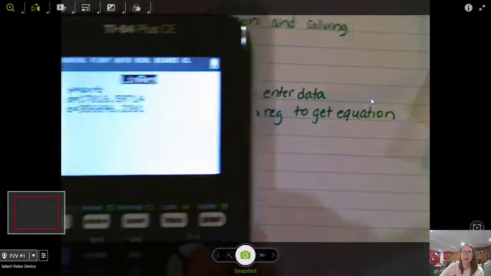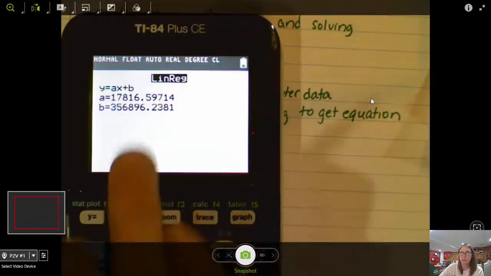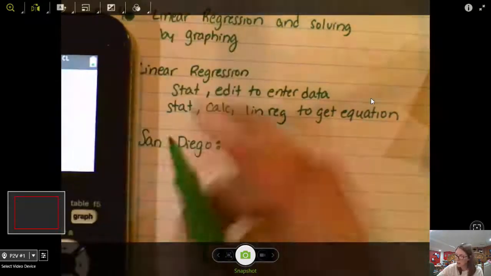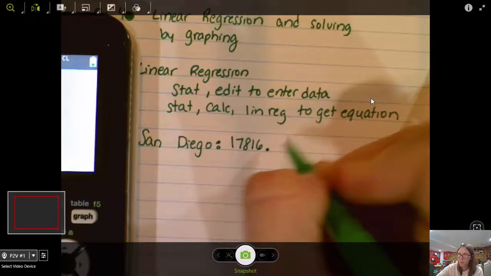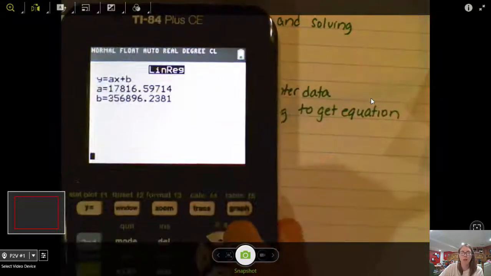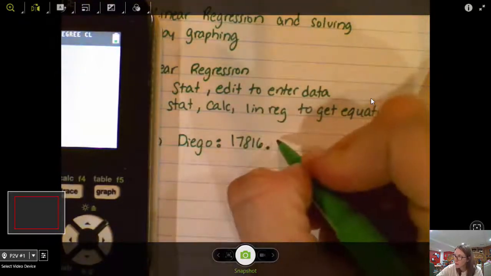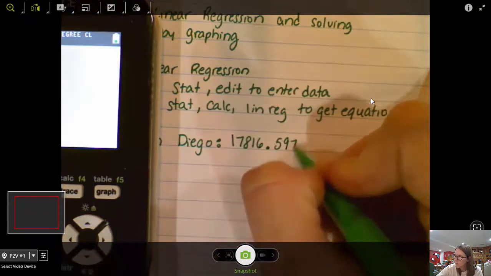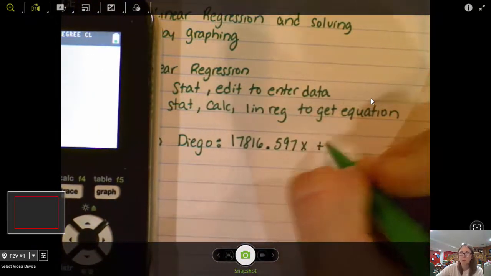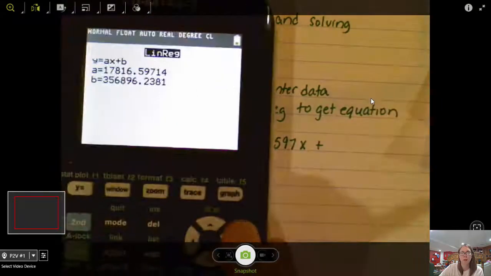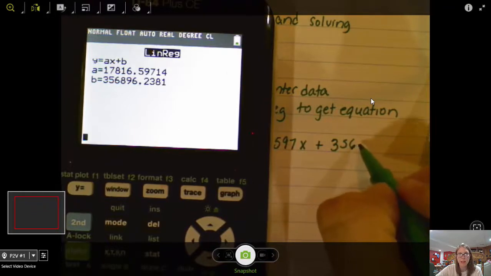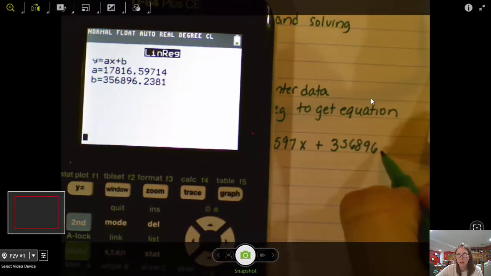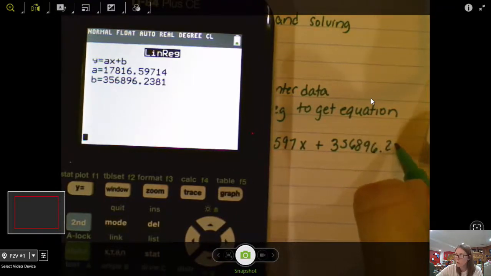So San Diego's population is going to be 17,816.5 — I'm going to go to the thousandth, so 5.597x plus 356,896.238.